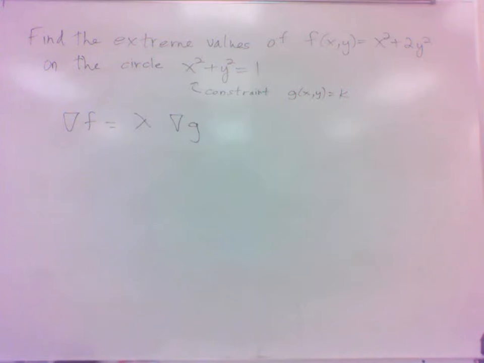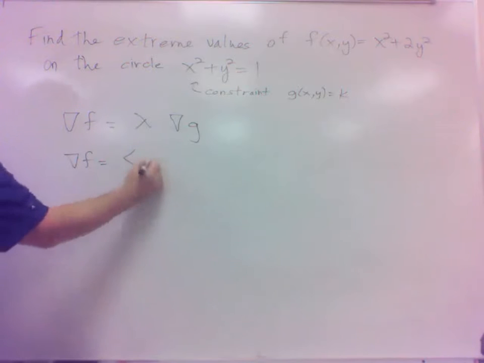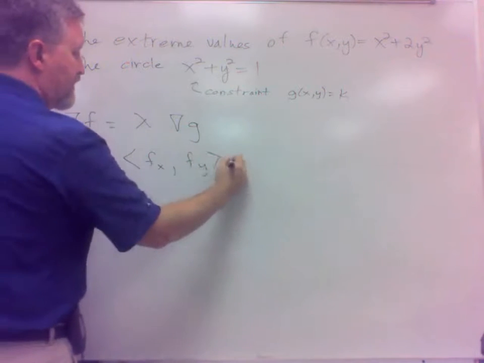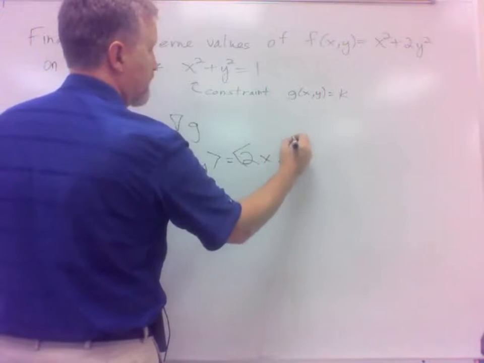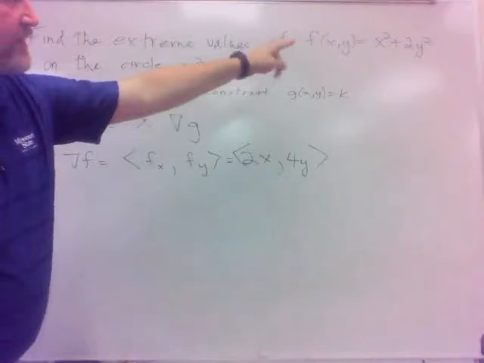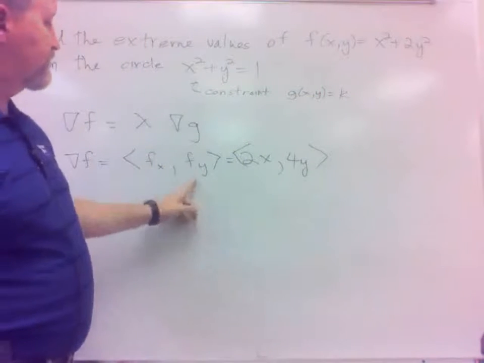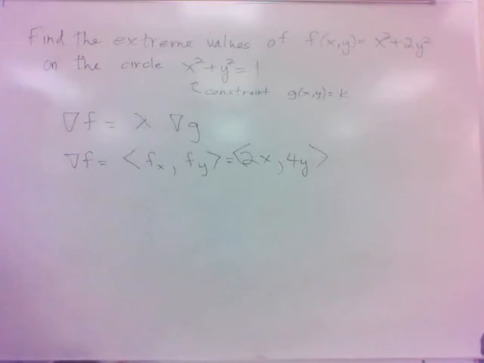Okay? So, our gradient of f, that's just the partial of f with respect to x, partial of f with respect to y. So that would be 2x and 4y, right? Partial with respect to x would be 2x plus 0. There's no x in the second one. Partial with respect to y, just 4y right there.